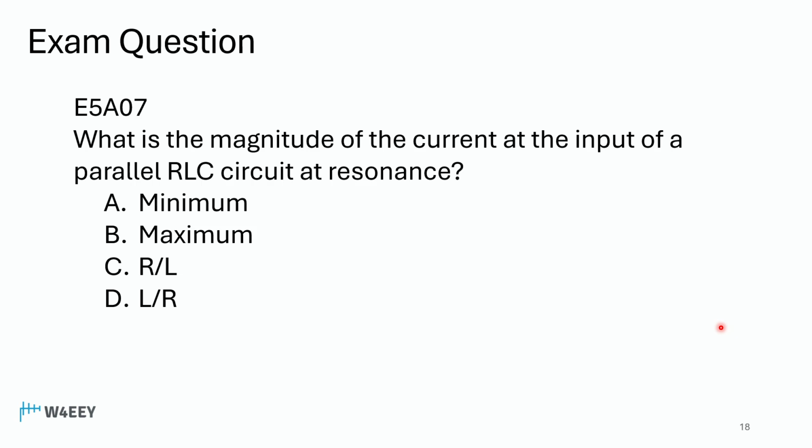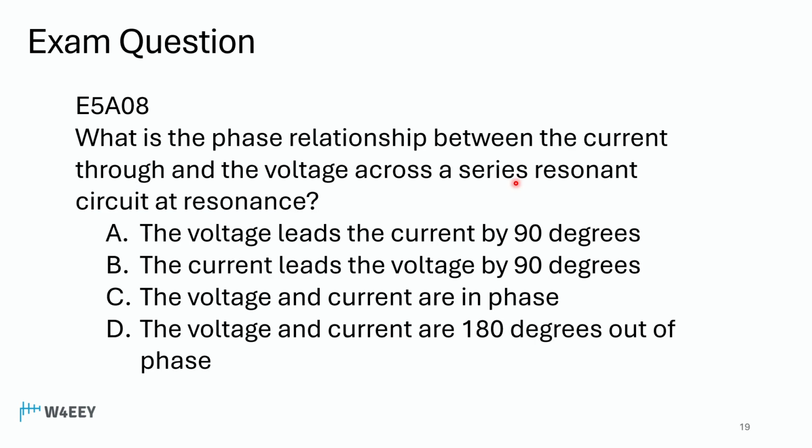Well, it's actually a minimum, okay? That's because this is the current coming out of the signal generator. You might have to kind of review this once or twice to get it firmly in your mind. What is the phase relationship between the current through and the voltage across a series resonance circuit at resonance?